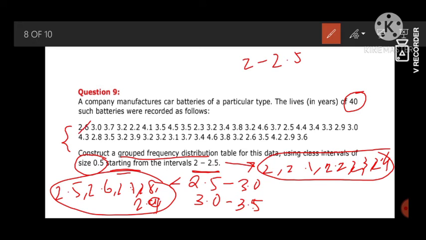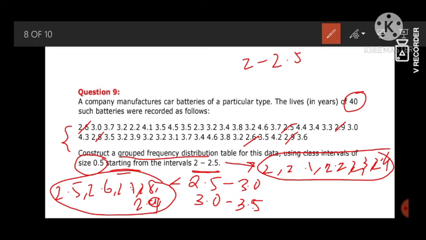So we'll start from here: 1, then 3.0, 3.7, 3.2, 2.2 is already done, 4.1, 3.5, 4.5, 3.5, 2.3 is already done, 3.2, 3.4, 3.8, 3.2 again, 4.6, 3.7, 2.5, here is one, 4.4, 3.4, 3.3, 2.9, here is one, 3.0 we will not consider, 4.3, 2.8 over here, 3.5, 3.2, 3.9, 3.2, 3.2, 3.1, 3.7, 3.4, 4.6, 3.8, 3.2, 2.6, 3.5, 4.2, 2.9.